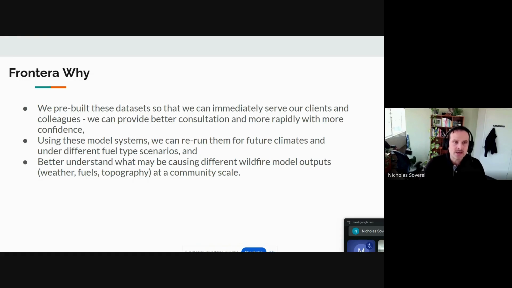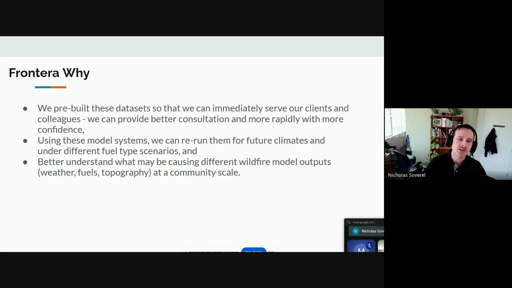The other piece is that now that we have a system in place, we can start really looking at rerunning these models with future climates that we know will need to happen, and we're actually getting that demand from different community forests and different groups. Then there's also the pieces on changing fuel types, and given our recent fires, forest health problems or cut blocks, these models should be rerun at a frequent pace if possible.